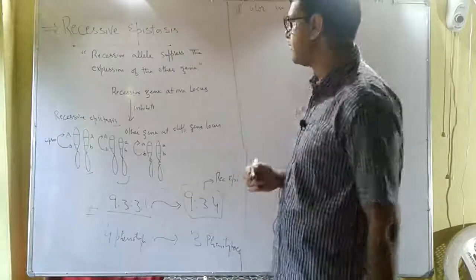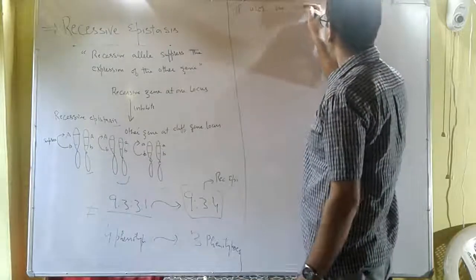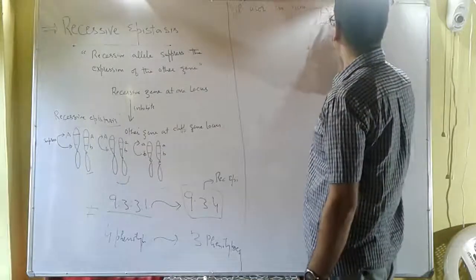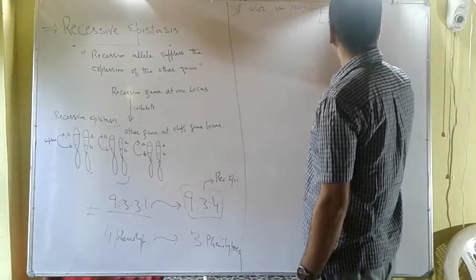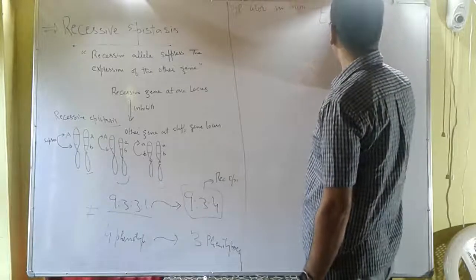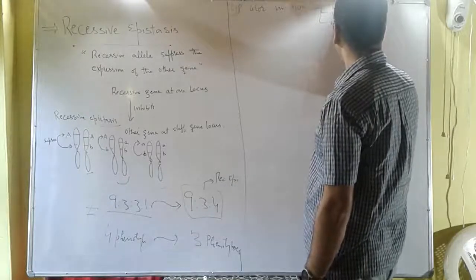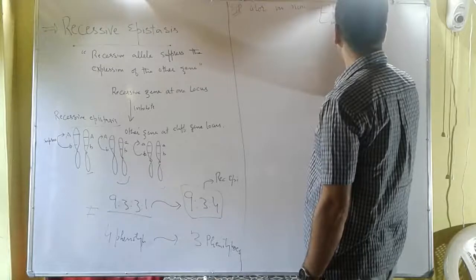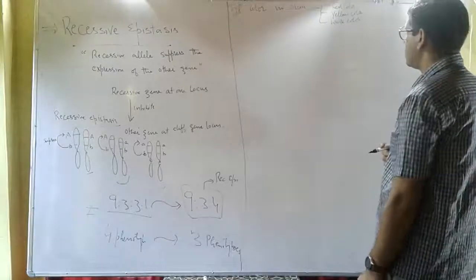We will explain recessive epistasis by means of the color in onions. We have 3 types of colors in onions: red color, yellow color, and white color.